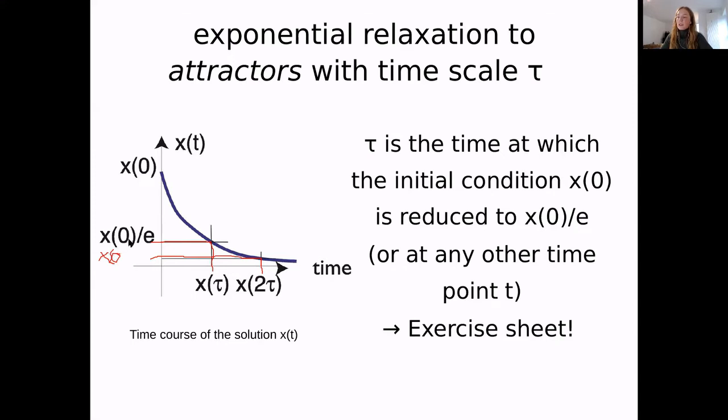So we would have x0 over e squared at time 2 tau. So this applies to any other time point t. And this is also something we ask you to examine on the exercise sheet. Okay. So maybe this word attractor, you can have it in mind, and we will talk about this later.